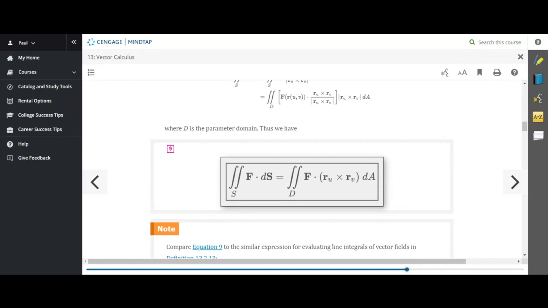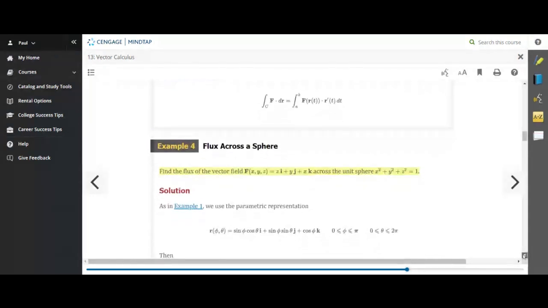So here is the flux formula. And naturally, you'll have access to this on the exam. Again, the book likes to talk about these special cases.